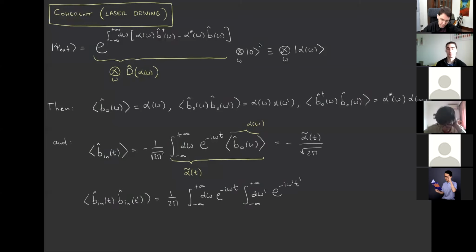And then we have the expectation value of B0 of omega and B0 of omega prime. But we have seen already above that this is just alpha of omega times alpha omega prime. So it's separable. So there is no correlation between B0 of omega and B0 of omega prime.